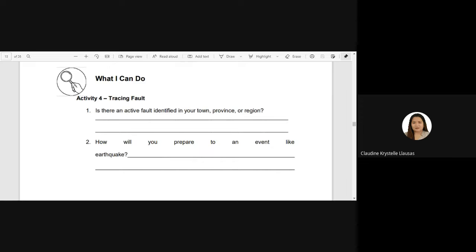Do you know that earthquakes do not give signals? Dili na sila gahatag og signal mga langga. Dili na pareha sa bagyong makita pa nimong nagdag-om, makita pa nimong kusog kayo ang ulan, kusog ang hangin.